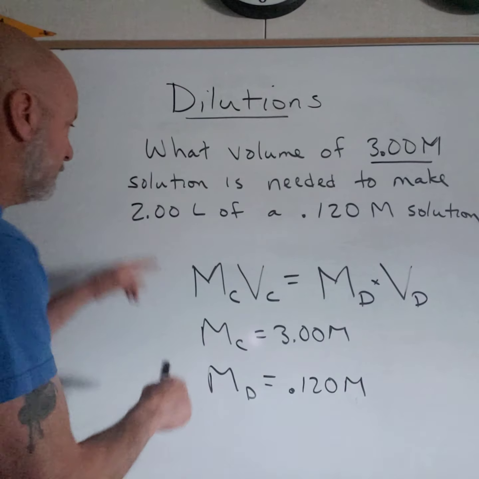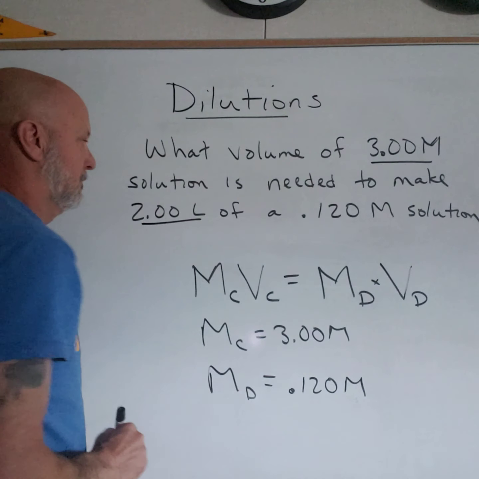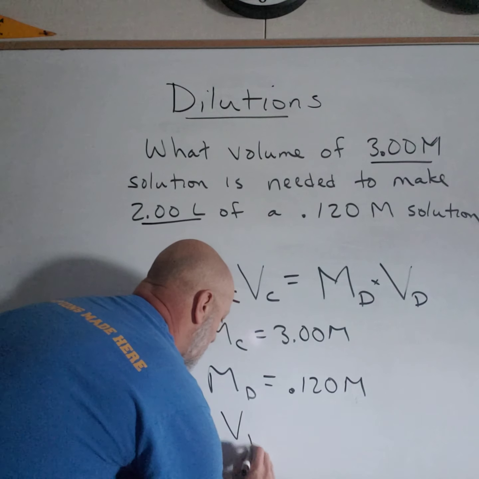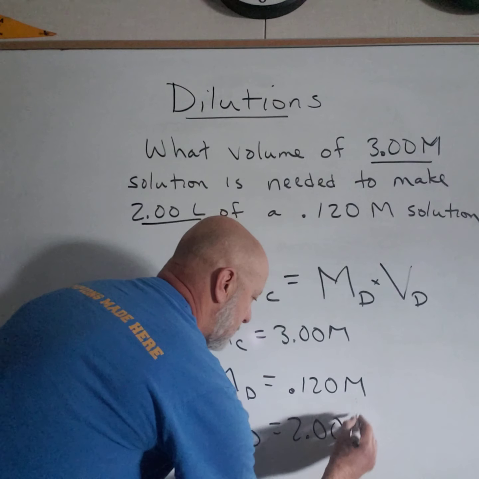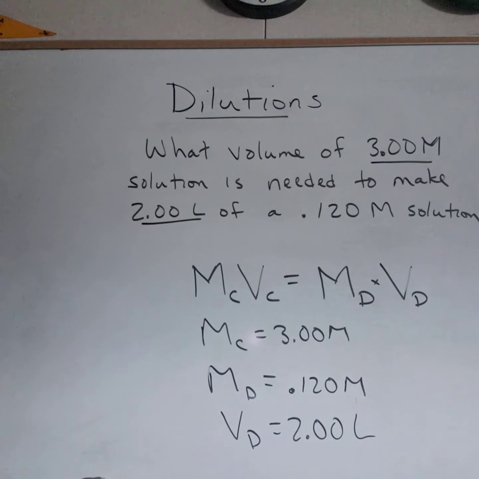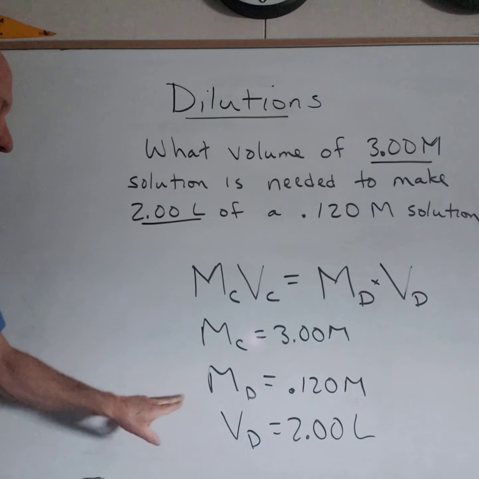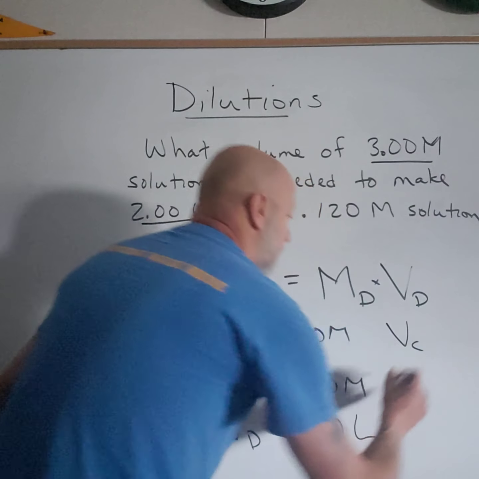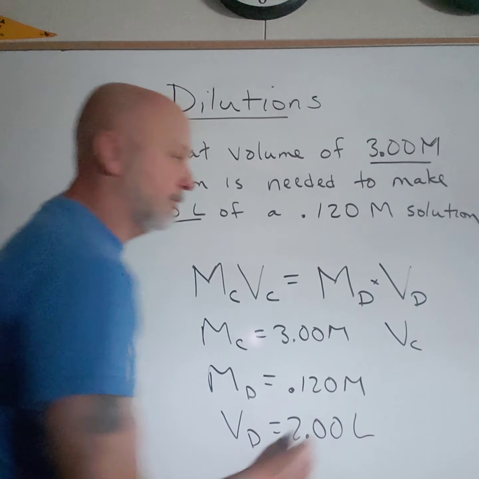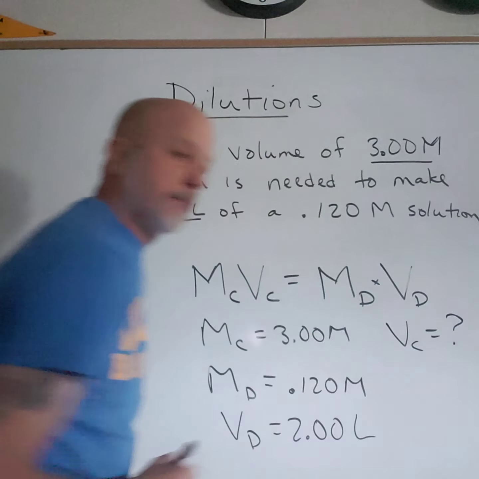And how much of this diluted solution do I want to make? 2.00 liters. So we just identify what is given in the problem. What do I need to find? The volume of the concentrated solution equals, I don't know.